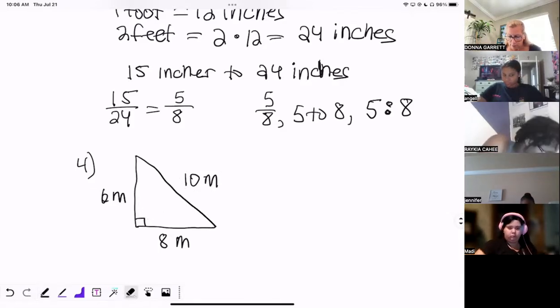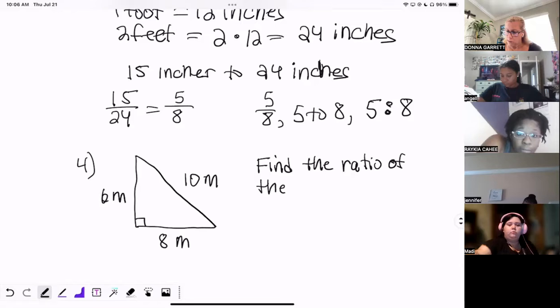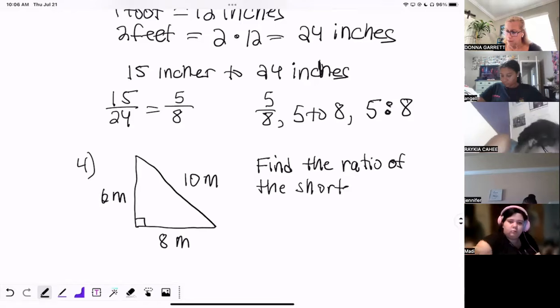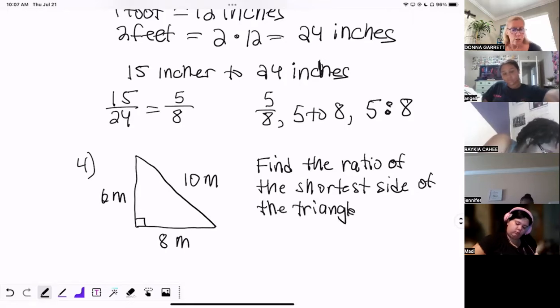It's a teacher thing. All right, so what do we want with this triangle? We want to find the ratio of the shortest side of the triangle to the longest side.